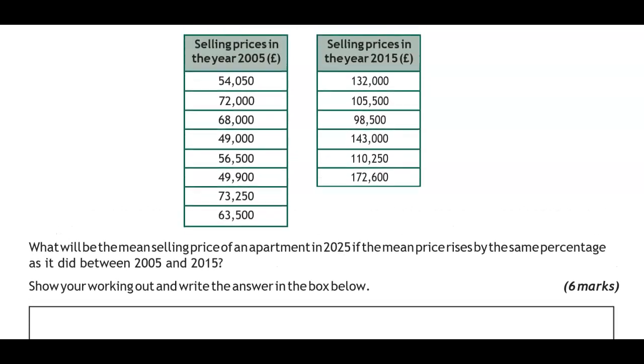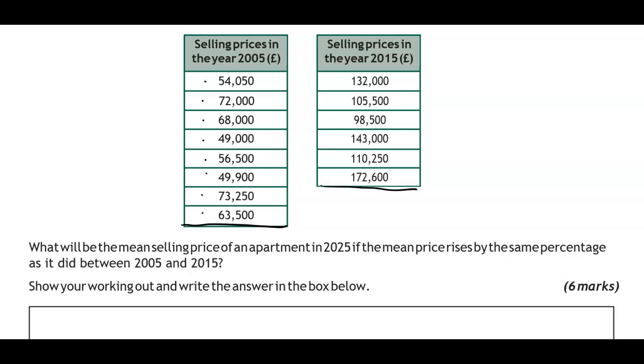So we'll work out the mean of each of these. We'll add all the 2005 prices together and then divide them by how many there are. And we'll repeat the process with 2015.